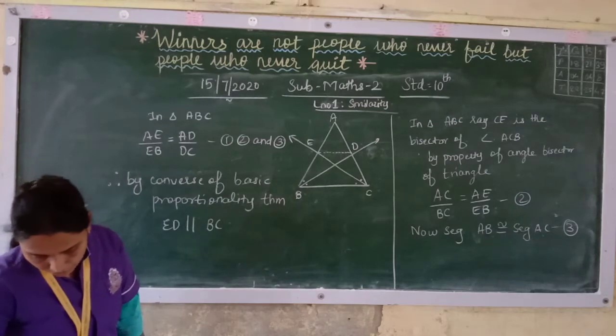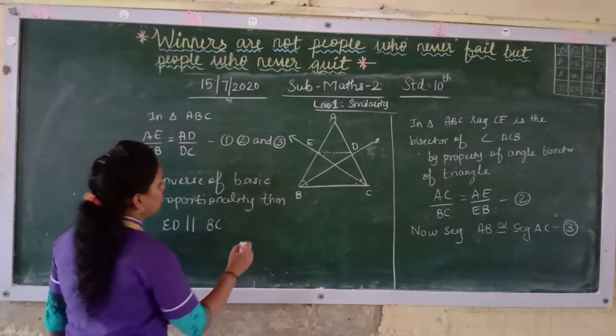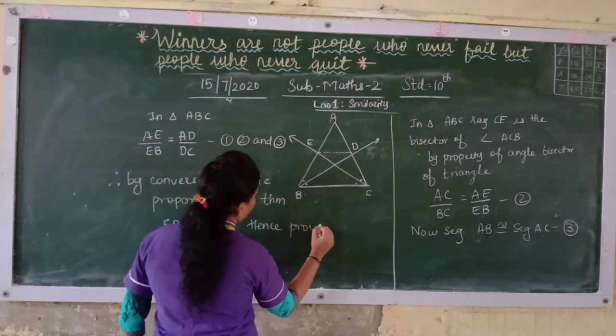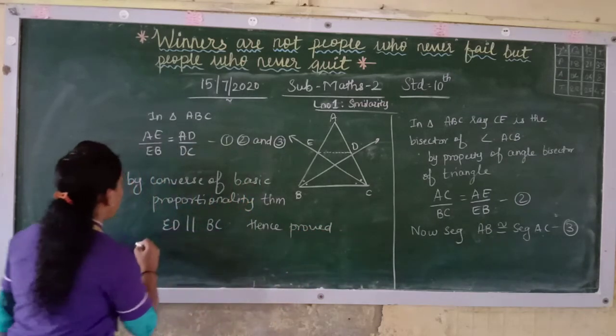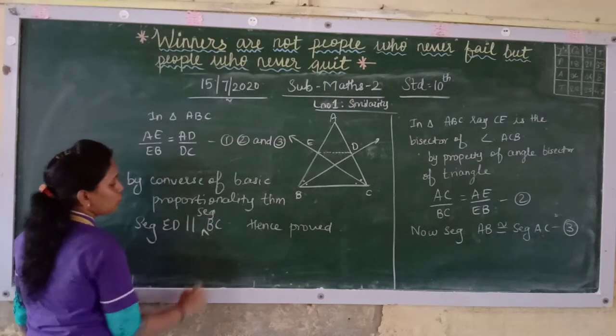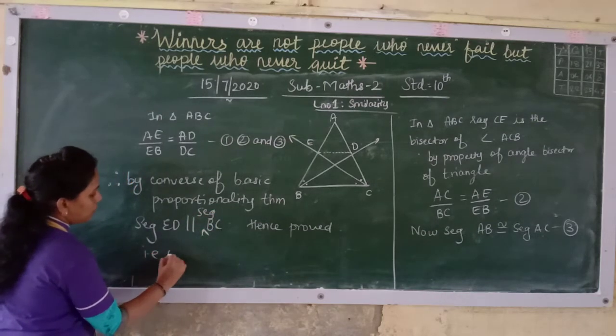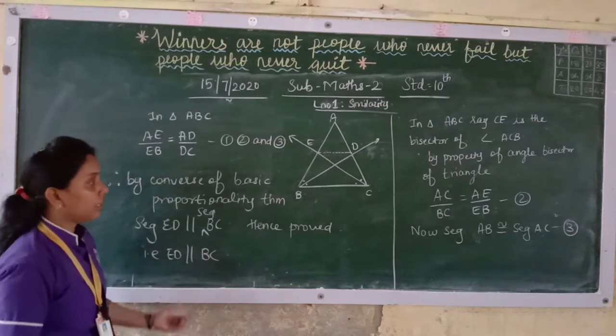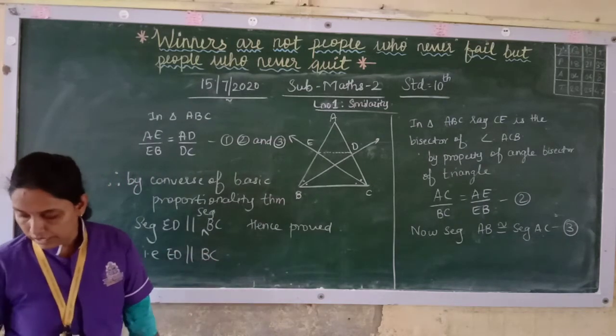So here, same way they have given, hence proved. Here if you are writing that segment AD is parallel to segment BC, that will also do. So finally you can write that ED is parallel to BC. Anyhow you can write. So this is how it is proved.